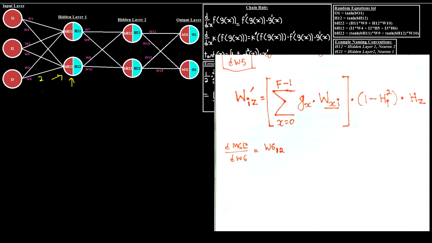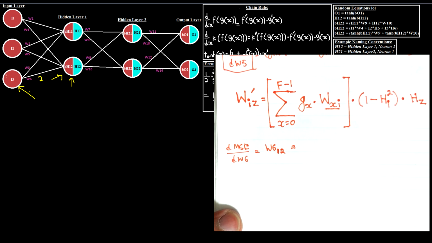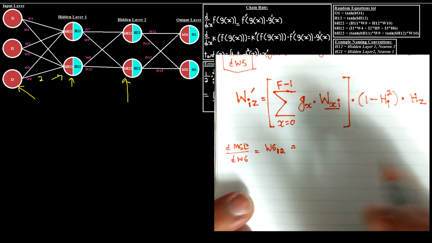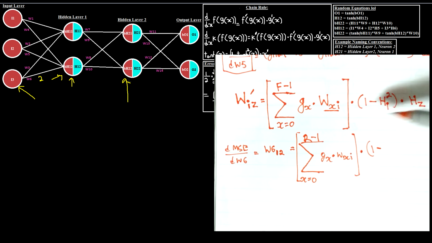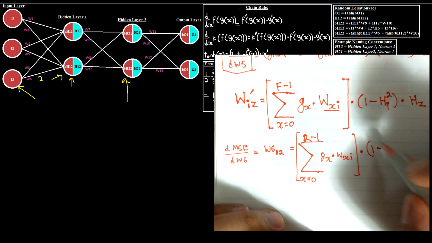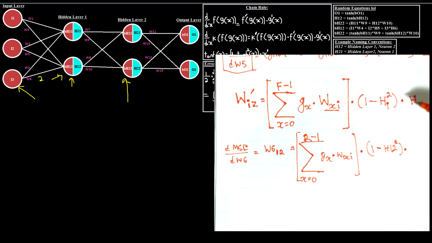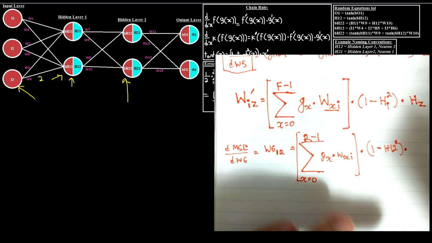You can also look at it as being connected to the second index in the previous hidden layer. We know that F is 2 because there are 2 neurons in the forward layer, H21 and H22. Once again, H of I is the neuron that weight 6 is connected to, which is H12, so it would be H12 squared. And HZ is the connection in the previous layer, which is I3.